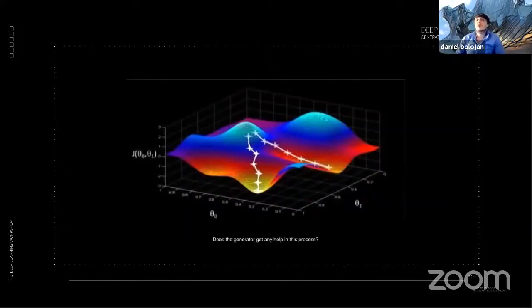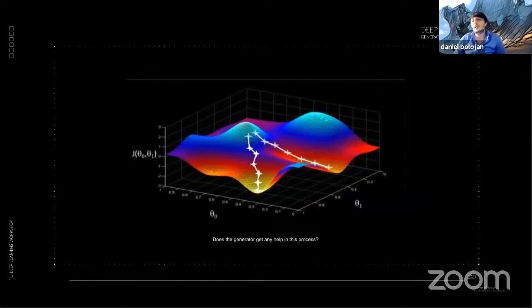So you might wonder, the generator cannot just get feedback from the discriminator as a value, just 0 and 1, because how can it tell that it's improving in the right direction?